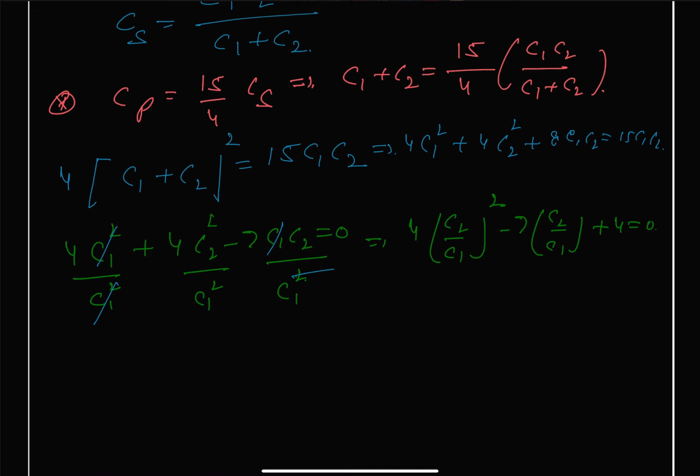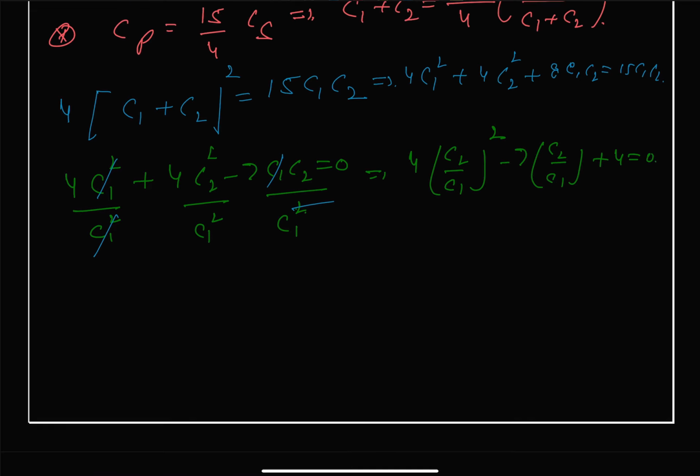And let us assume that C2 by C1 is our x. You can say let C2 by C1 be a variable x. So we get this quadratic as 4x square minus 7x plus 4 is equal to 0.